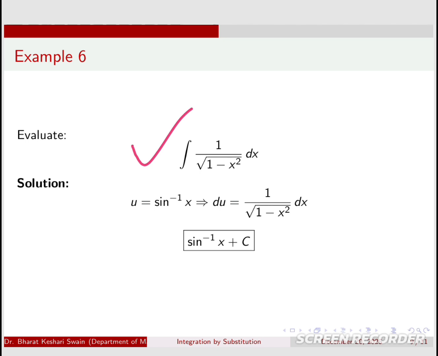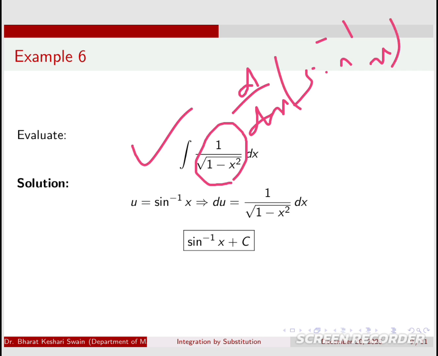Here we know that the derivative of sine inverse x is equal to 1 by square root of 1 minus x square. We know this formula from before: d by dx of sine inverse x is 1 by root over of 1 minus x square.